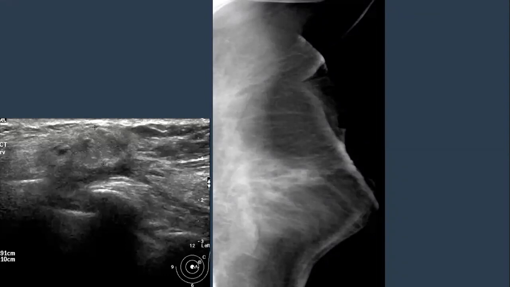This is ultrasound. It shows a mass-like, indistinct, surrounding a larger area of distortion at the site of scarring.